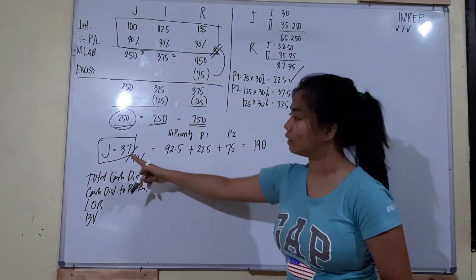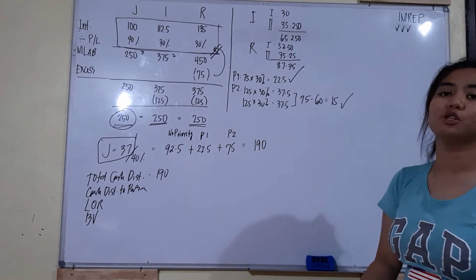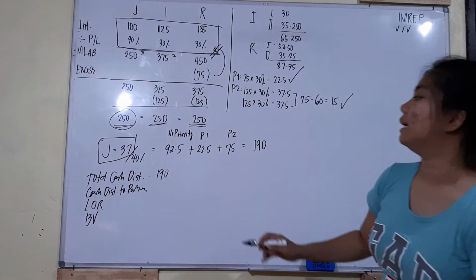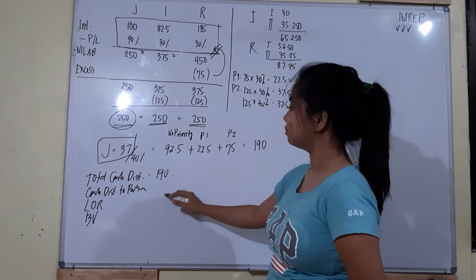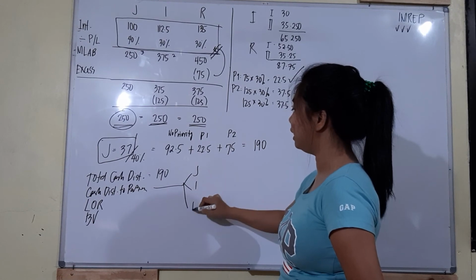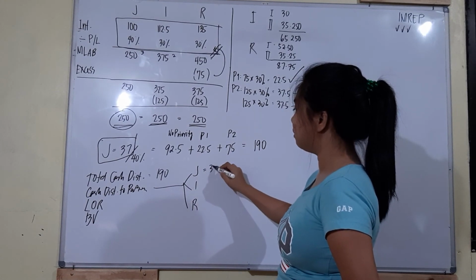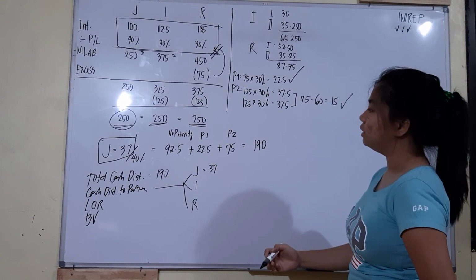Okay, kita nyo ha. Ito lang yung binigay, tsaka ito. How much the cash distributed to each partner? So, alam mo na agad. Sabi mo, Jeff received 37. Okay? Tatlo lang naman yan. We have Jeff, Irene, and Ruby. So, si Jeff sabi mo 37. Eh, ang total cash ay 190. Okay?